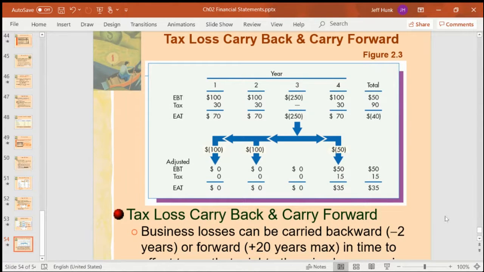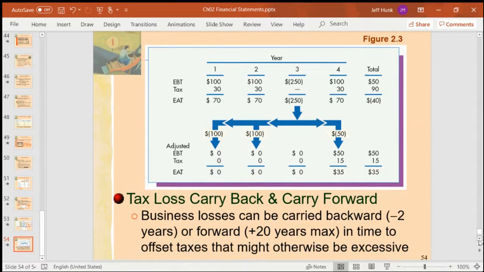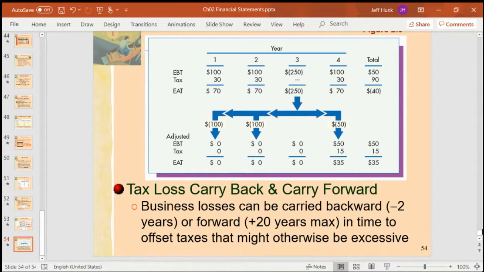Now, tax laws: carry back and carry forward, right? Usually, if you have no EBT, in other words, no earnings before taxes, that means you have no taxable income. If your company hasn't done well, after paying interest you won't have any taxable income left, or you may not even be able to pay interest.